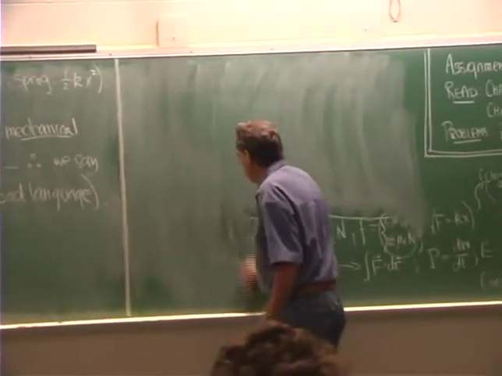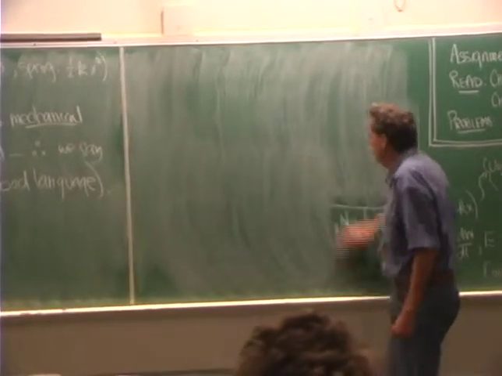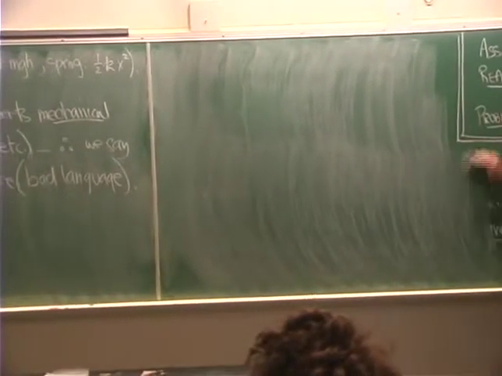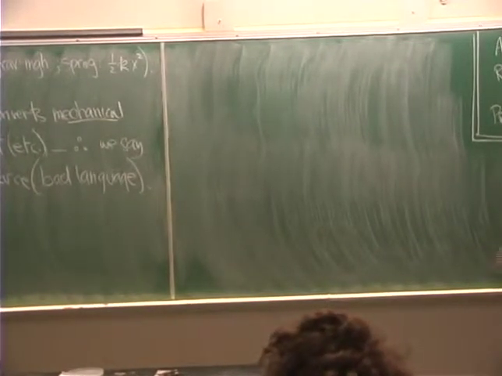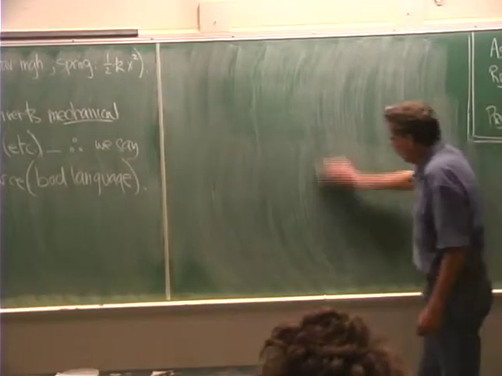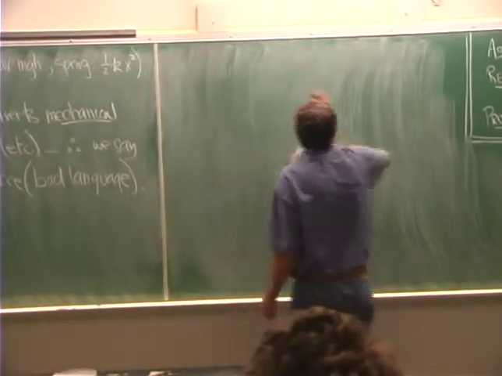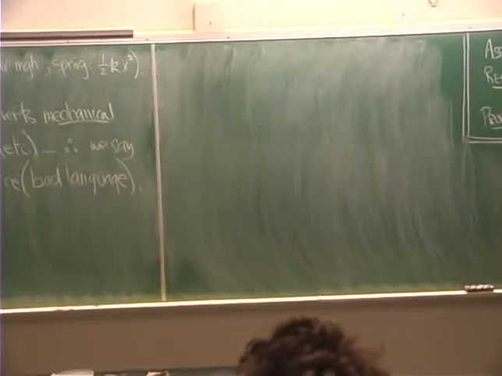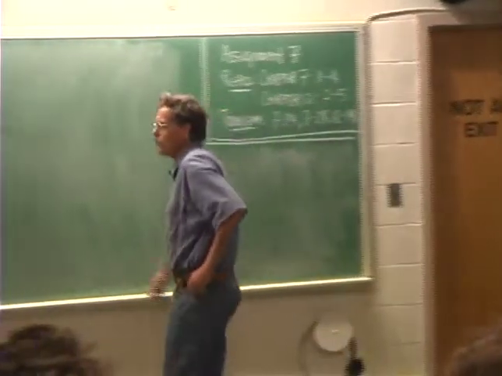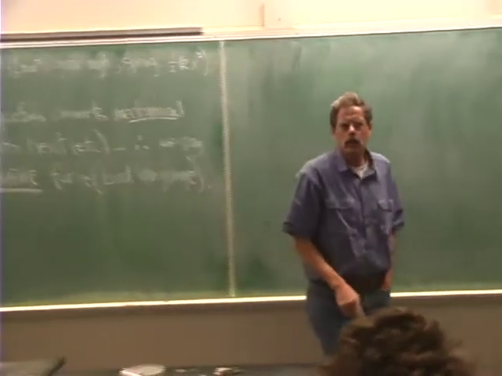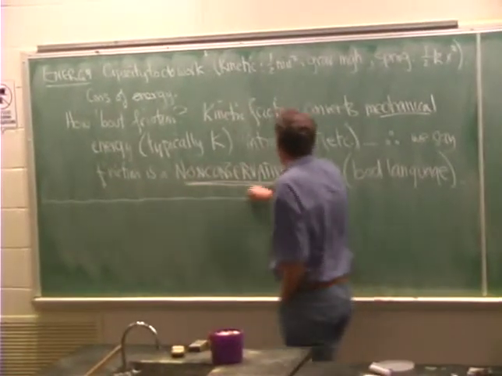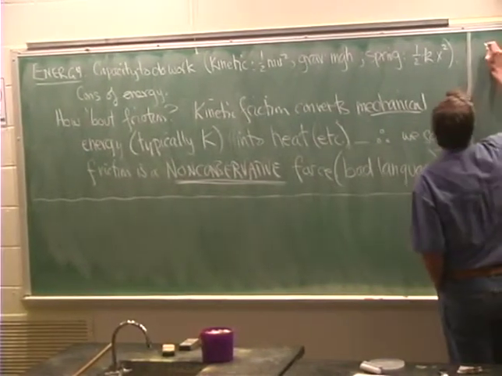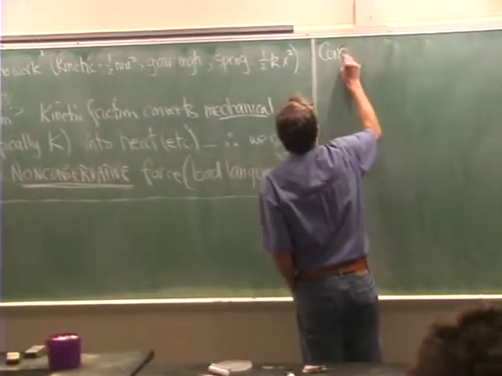How do you distinguish conservative forces, ones that do obey the law of conservation of mechanical energy, such as the force of gravity or the force exerted by a spring? How do I distinguish those in a fundamental way from forces like friction that do not conserve mechanical energy? So, the question: how do you characterize conservative forces?